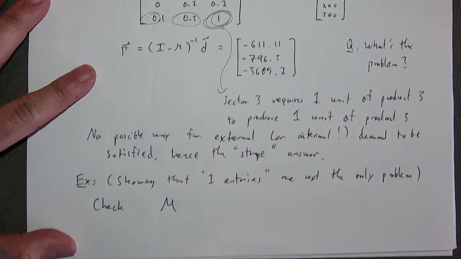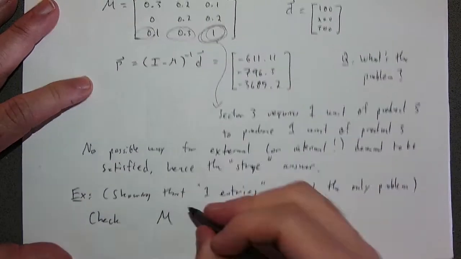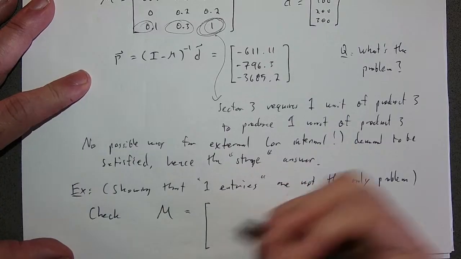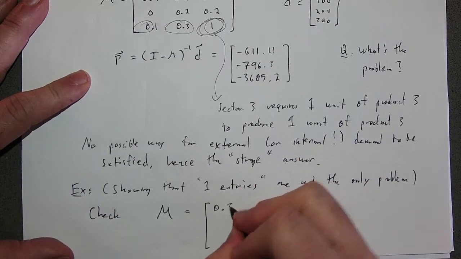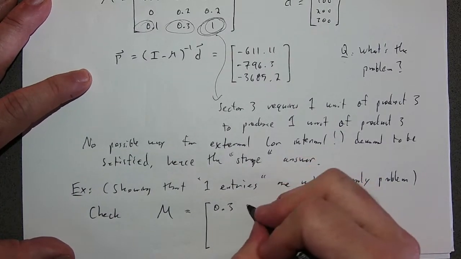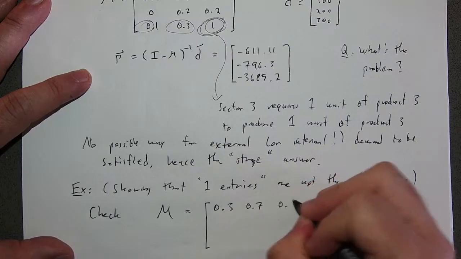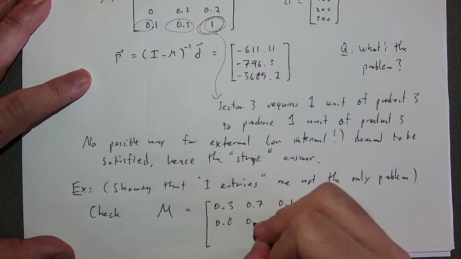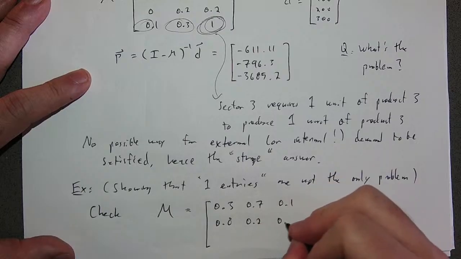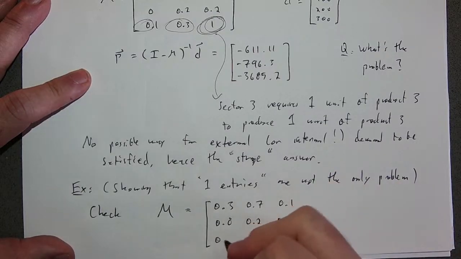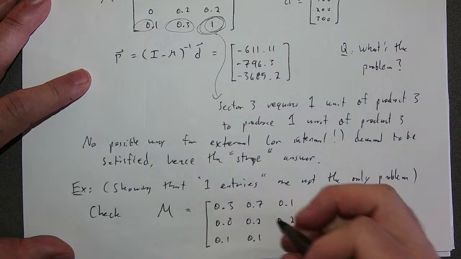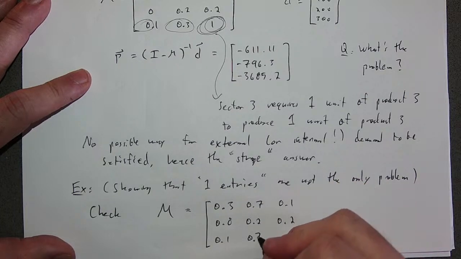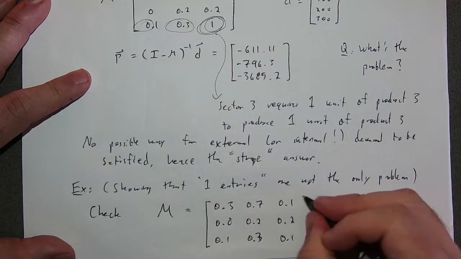Use the same external demand vector. Check what happens if your consumption matrix looks like this. So again, reading row-wise, this is 0.3, 0.7, 0.1, 0.8, 0.2, 0.2, 0.1, 0.1, 0.3, 0.1. There we go.